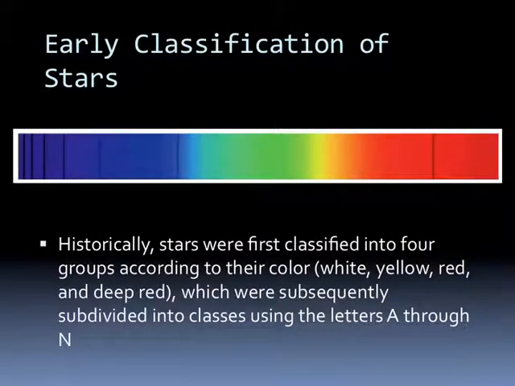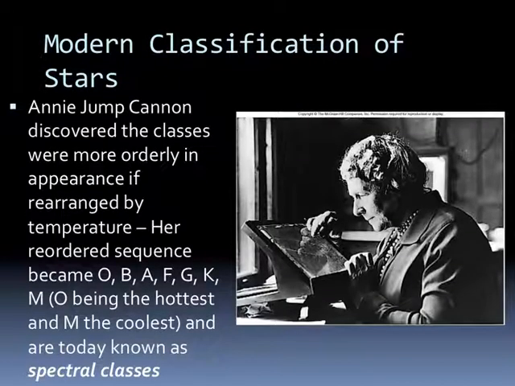Now historically, stars were classified into 4 groups according to their color: white, yellow, red, and deep red. And those were subsequently divided into classes using the letters A through N. Now Annie Jump Cannon discovered the classes were more orderly in appearance if we rearranged those by temperature, not by color.